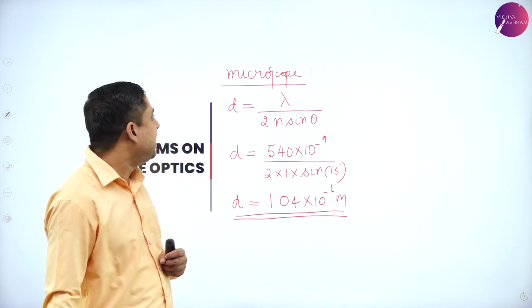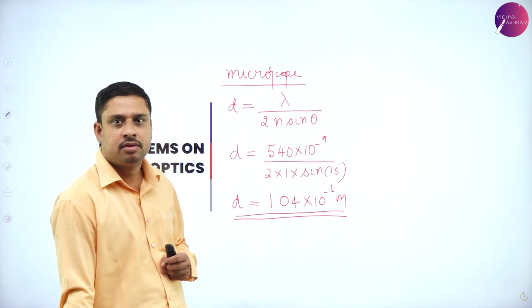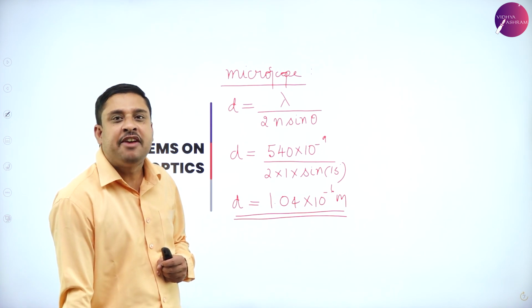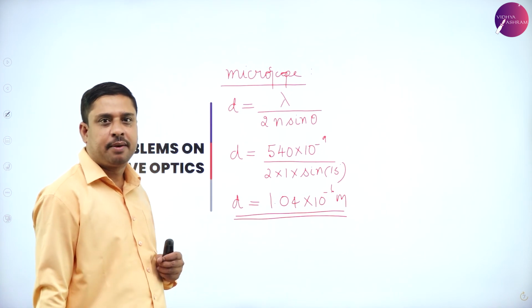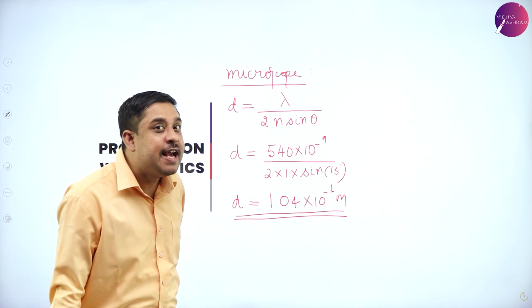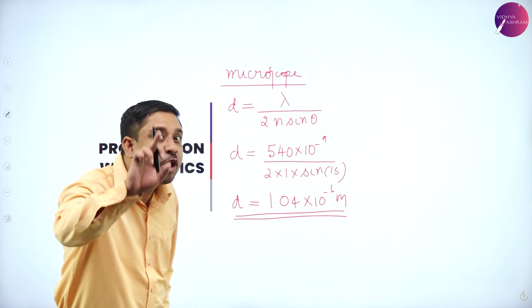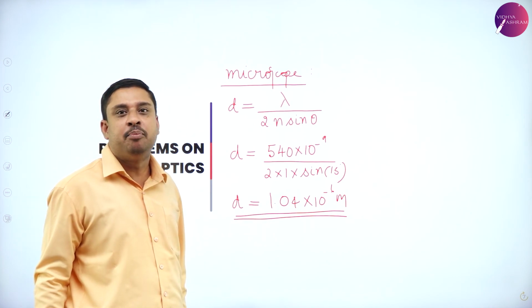Now, once I find out limit of resolution, how will I find the resolving power? Resolving power is always the reciprocal of the limit of resolution. Keep that in mind.